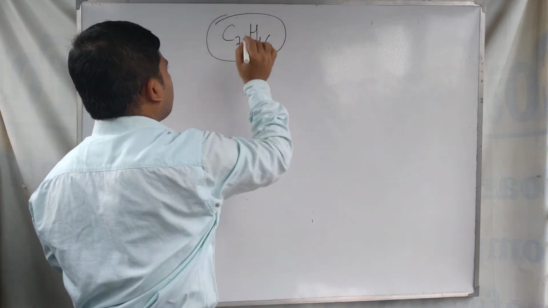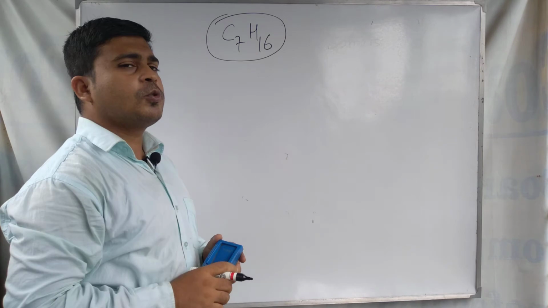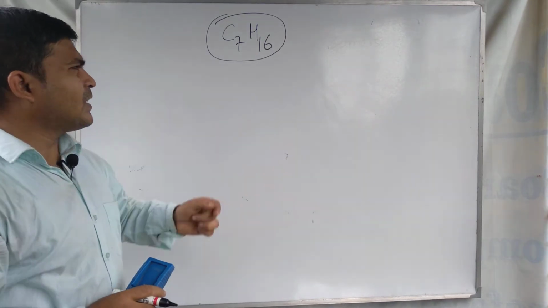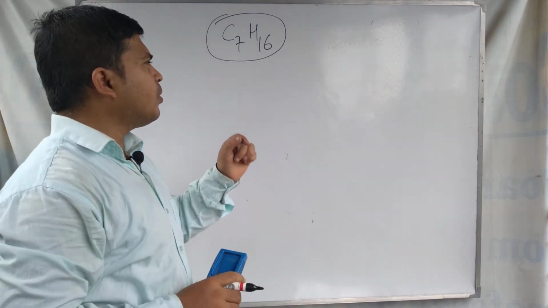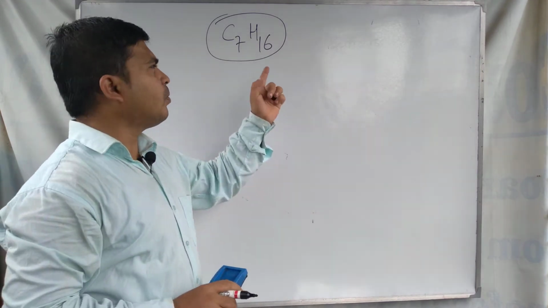Using this molecular formula, C7 and H16, we need a large space for drawing, and we have to draw the structures of all the possible chain isomers.